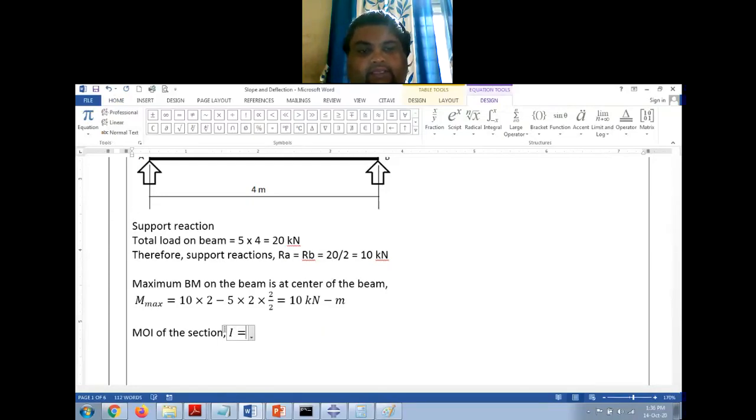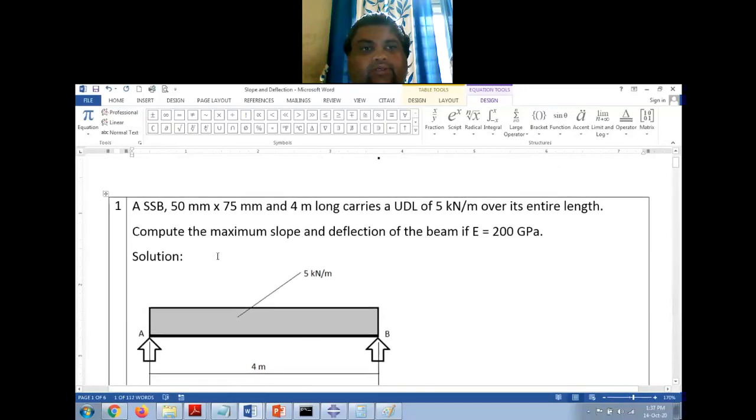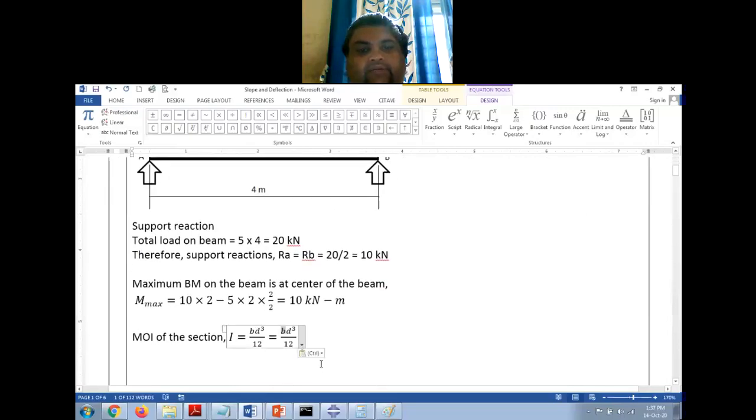I is equal to bd cube by 12. So this is equal to, b is how much? 50 and d is 75.